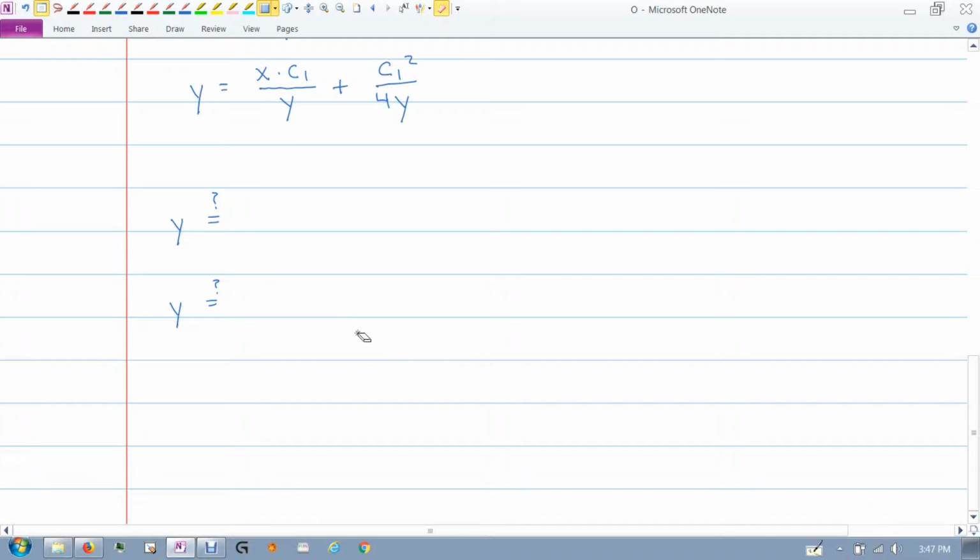Alright, so let's just see where we are. Let's get a common denominator. So we get 4 here, 4 here. So we get 4x c sub 1 plus c sub 1 squared over 4y. And the question is, is that equal to y?